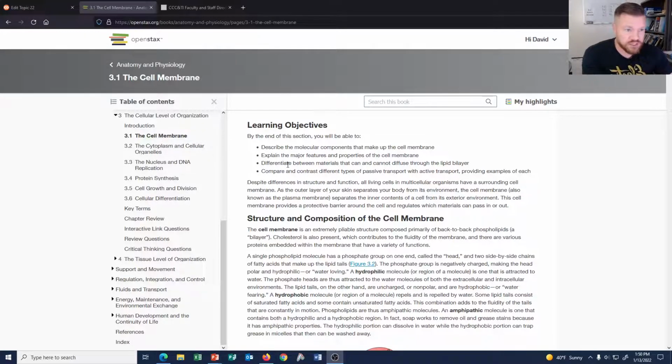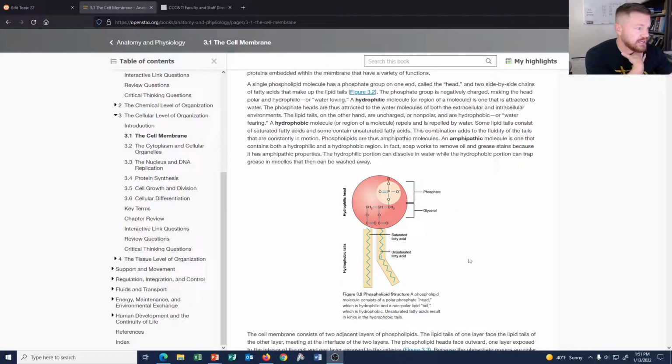So in the previous chapter, when we were talking about biological molecules or organic molecules, the mention of lipids came up, and triglycerides and diglycerides and things like that. The cell membrane is made mostly of phospholipids, and phospholipids are considered diglycerides because they have two fatty acid tails.